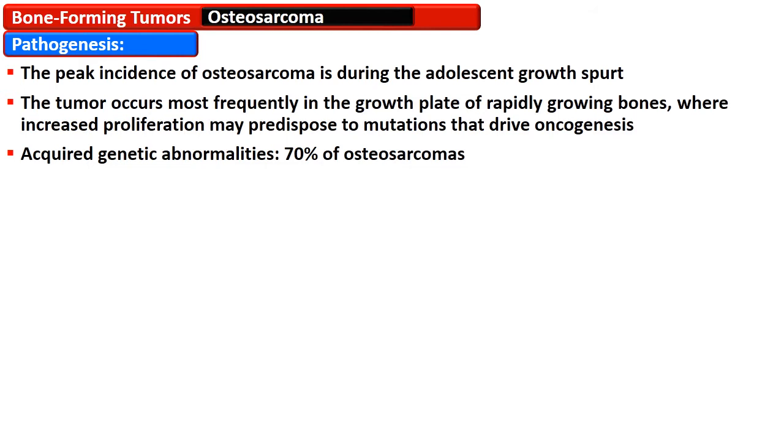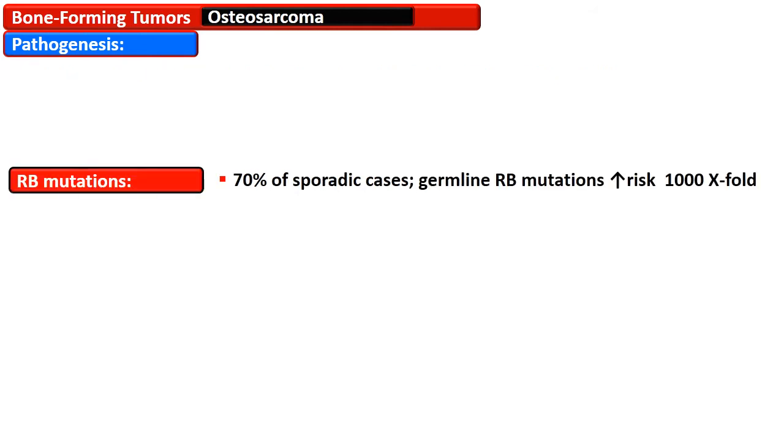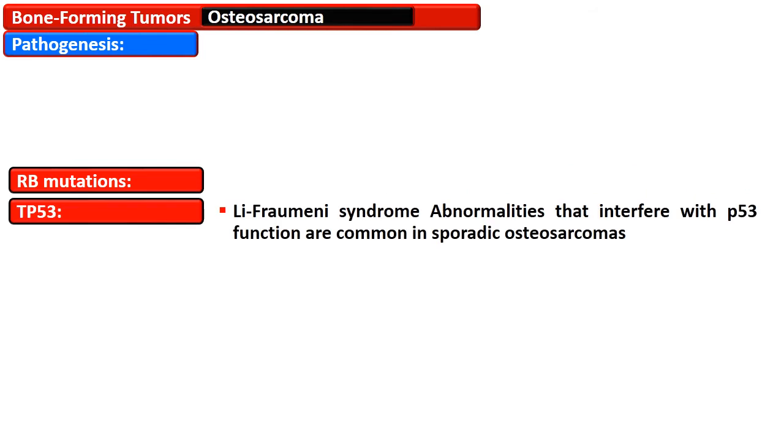About 70% of osteosarcomas are associated with acquired genetic abnormalities. One of these is RB mutation, present in 70% of the sporadic cases. However, if a germline RB mutation is present, it increases the possibility of osteosarcoma 1000-fold.